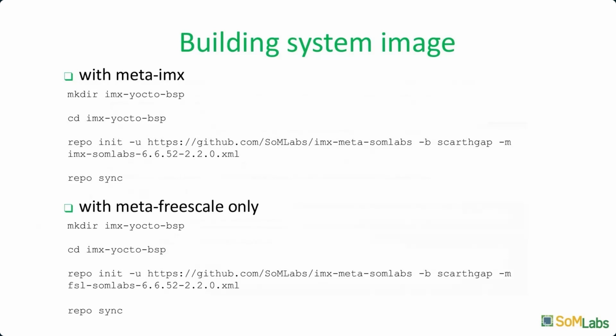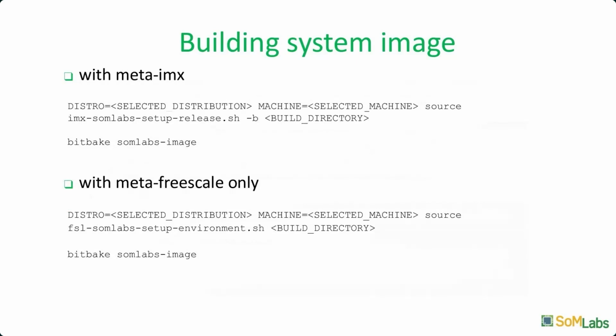So all the sources with all meta layers are downloaded by repo init and repo sync procedures, and then you just select your chosen machine and distribution, and finally call the compilation command. Bitbake SoMLabs image compiles the SoMLabs image system for the target board, together with the bootloader and all required software components.